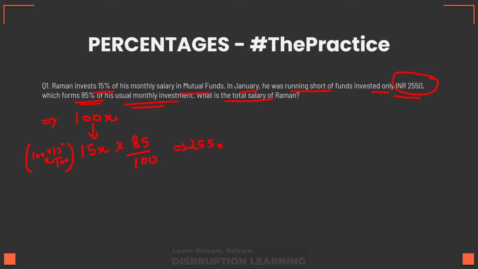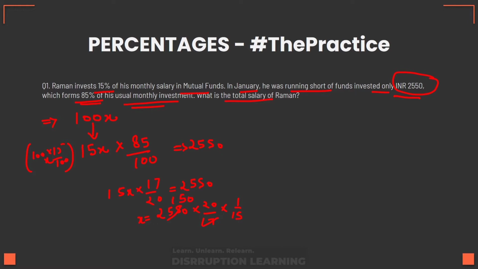Okay, so 15x into 17 by 20 is 2550, which means x is 2550 into 20 by 17 into 1 by 15. Now let me take this on table of 17. This is 1, 5 and 0.